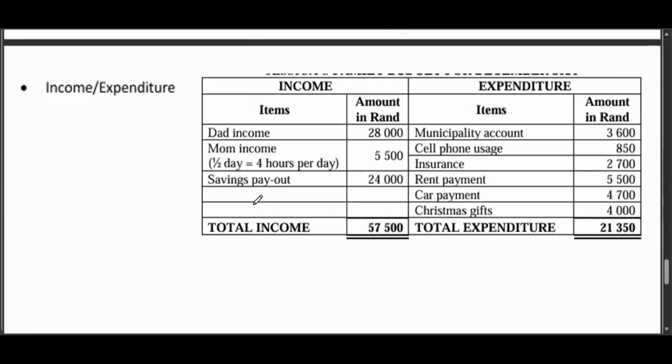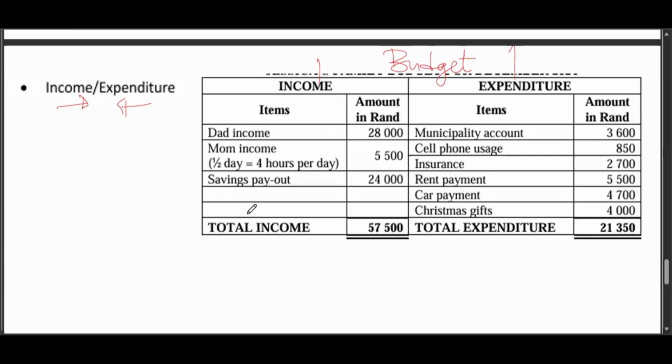Okay, we have income and expenditure. This one brings us back again to the budget part of it. How much have you spent? How much is coming in? It could look like this. How much do you earn? How much do you get in?